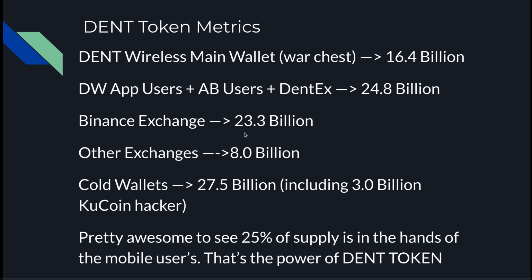So either this number should go up and this number should go down, and if that happens, we can see some steady increase in the price of the DENT token. Or the other option is more token holders holding their tokens in cold wallets or hardware wallets. So if this number increases or this number increases, then either one of them will happen and result in a price surge.